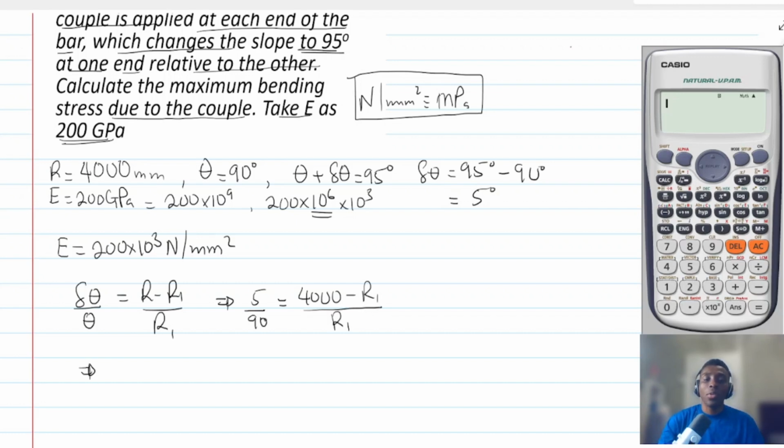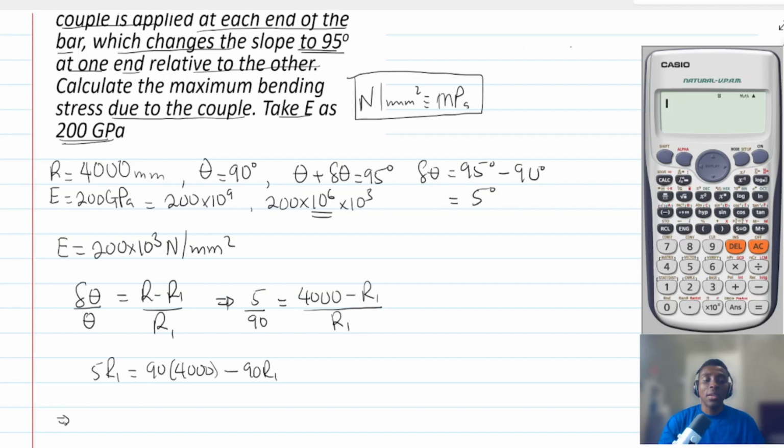So solving for R1, this is basically algebra. So 5 R1 is 90 times 4,000 minus 90 R1.